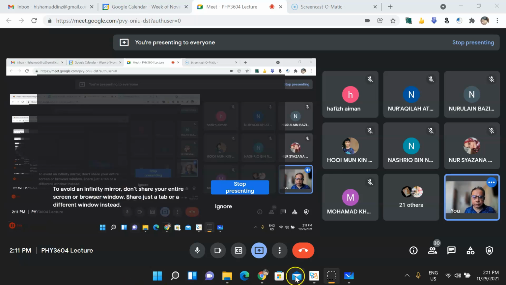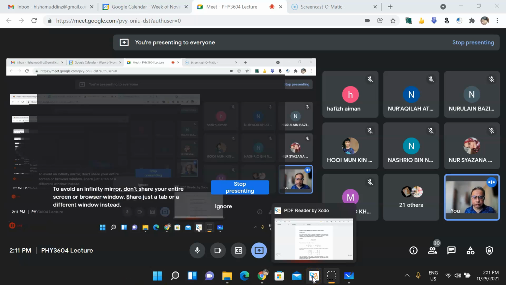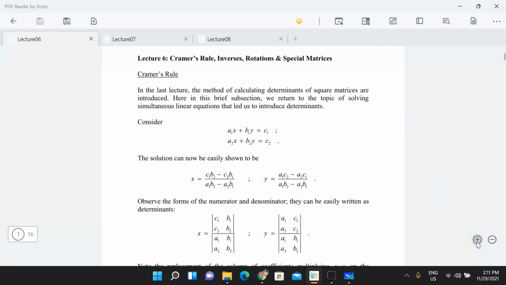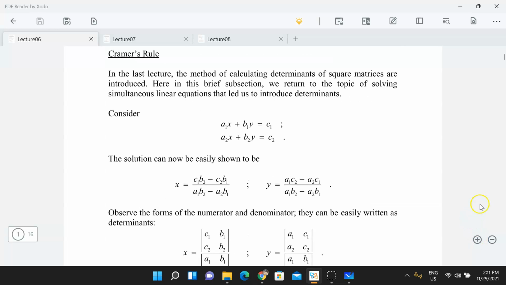Let me just go to the notes straight away. We have gone through this 6, but we don't quite finish this as yet, if I can remember correctly. So let me just go down to the place where we stopped.